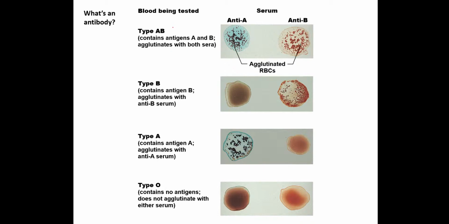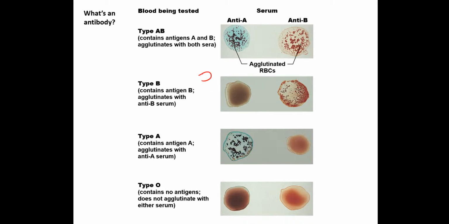So if you have AB type blood, that blood cell, which has the A protein and the B protein, is going to react with an antibody that has A and an antibody that has B, right? And so you're going to see agglutination in both of these. So this tells you you have AB type blood. Okay, if you just have B type blood, your cells will not react with the anti-A antibody.